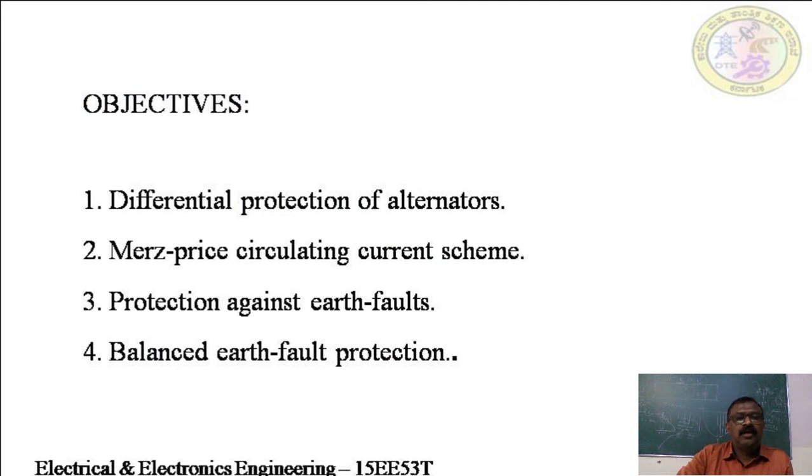So before thanking, I am recapping this entire session. The objectives of the session are: differential protection of alternator, why we are going for differential protection and what is differential protection; second, merz-price circulating current scheme; third, protection against earth faults.